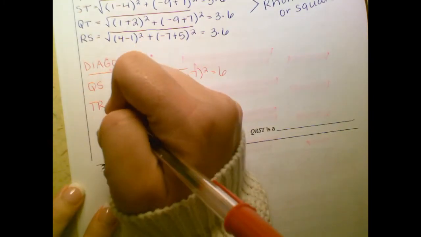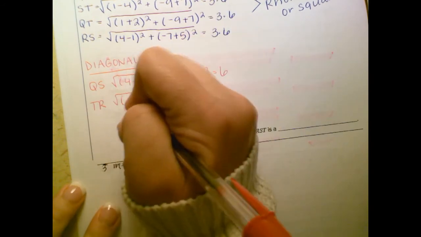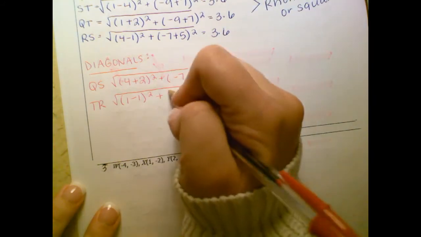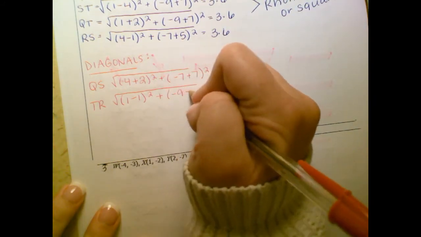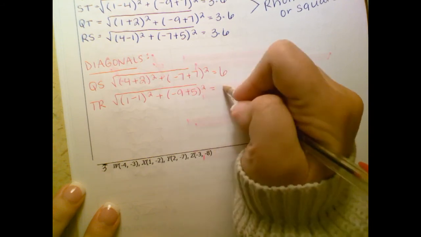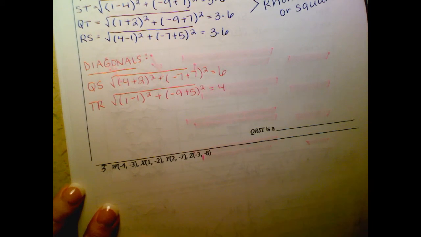Then TR, I have 1 minus 1 squared plus I have negative 9 minus a negative 5 makes it a plus 5. And this one also just comes out to be a whole number of 4.